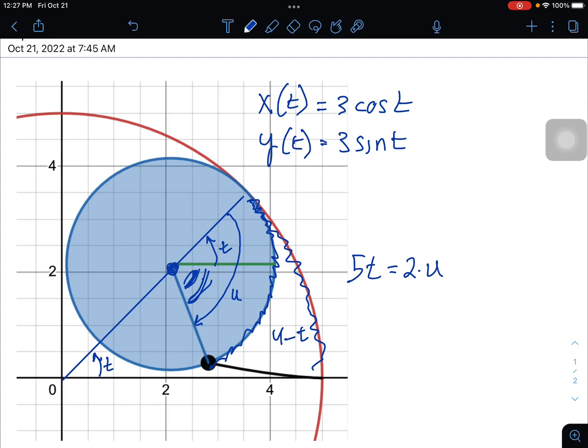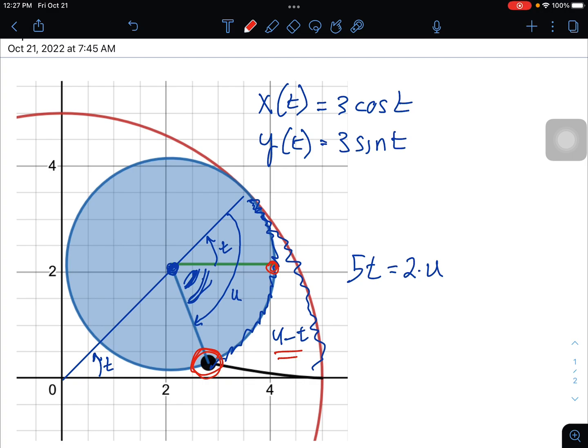And then this point here moves clockwise around the blue circle. And again, that has rotated when the blue circle has rotated through t radians. It has moved through u minus t radians from this starting reference point.